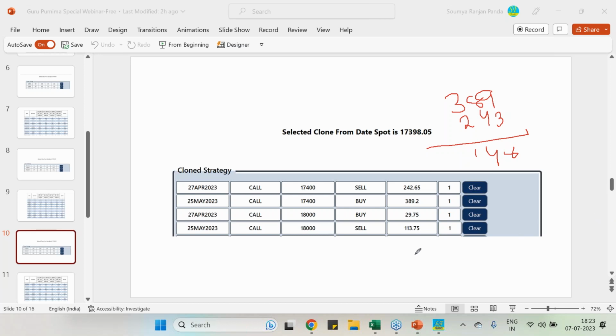And out of that, I am taking 30 rupees. If you reduce it here, 114. 113.75, and again 29.75. This is the credit calendar. So this is debit, so debit calendar.